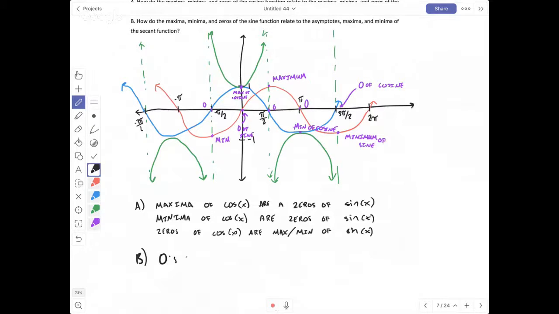Zeros, I'll write the word zeros. Zeros of sine x are maxes and mins of secant x.